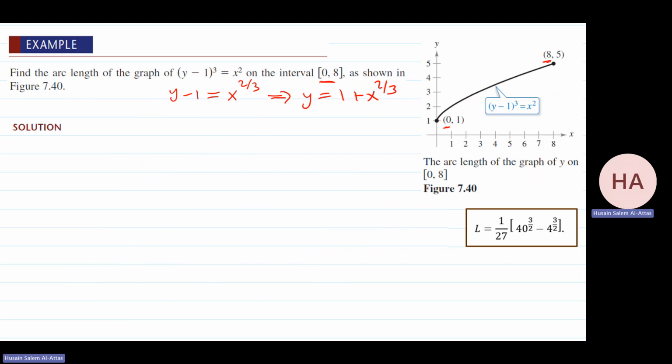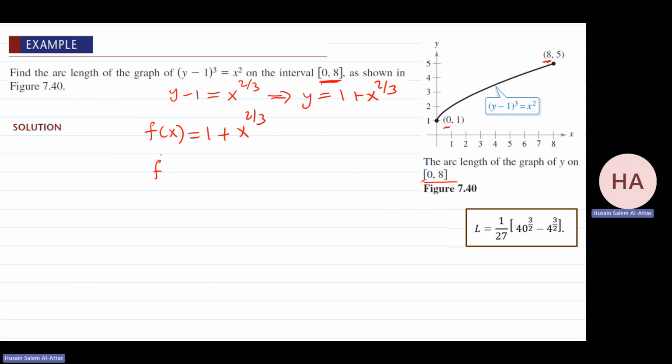So y minus 1 is x to the power 2 over 3, so y is 1 plus this. So I have the function now. I can do it in terms of x. It's better from 0. So this is my function, and I need to do it from 0 to 8.